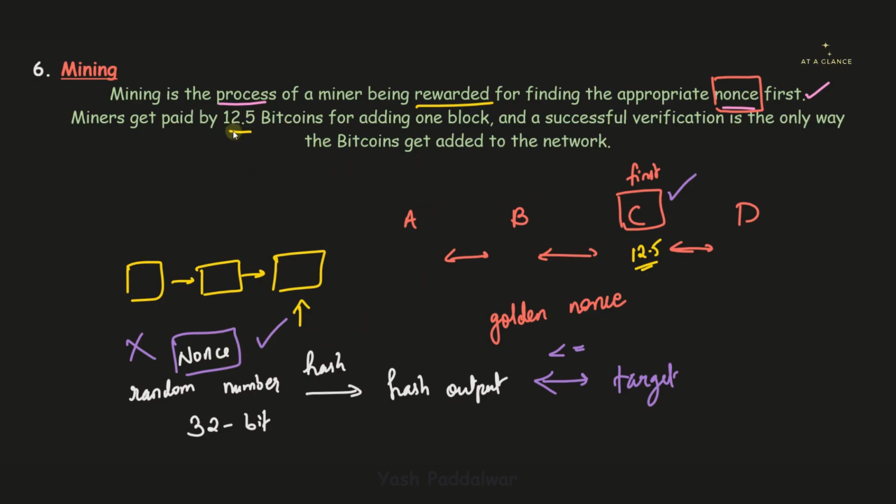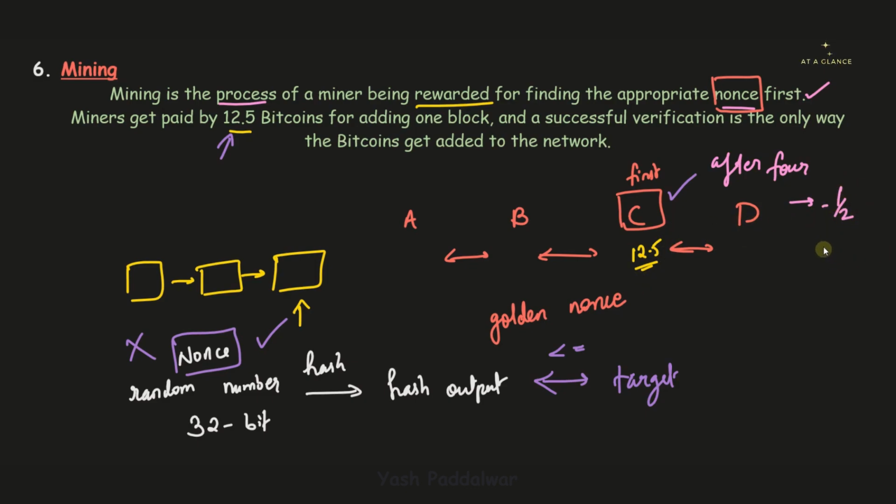And also, there is a speciality. Whichever mining node is rewarded with 12.5 bitcoins, let's say node C got the reward of 12.5 bitcoins because it mined the nonce first. After 4 years, that 12.5 bitcoins will be reduced by half.